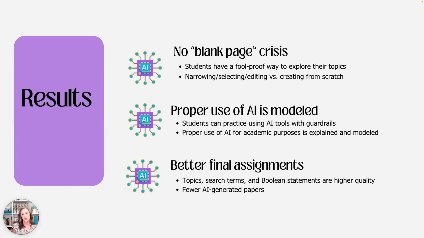Instead, they use it as a research and a writing coach. Since adding the AI task to the assignment, the focus topics, the search terms, and the Boolean search statements are so much better. And I can see the students putting in the work and using their own thoughts and reflections in the process. And when it comes time for them to write their reflective essay on the research process, I have far fewer AI-generated papers.